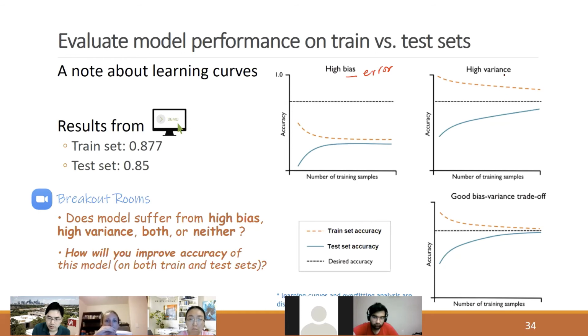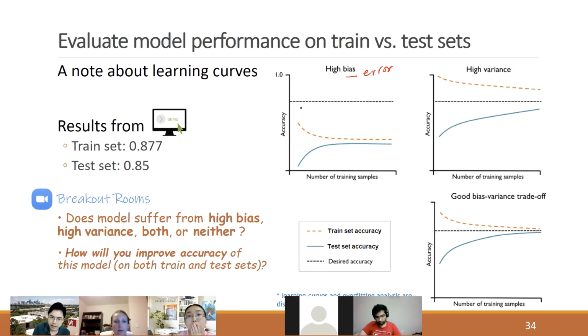That's what it means by variance. The variance of the model performance is large enough to create risk, and you can't accept that risk. You can't accept the model doing poorly on new data, especially when you have evidence to say that. So that's when the model is suffering from high variance.